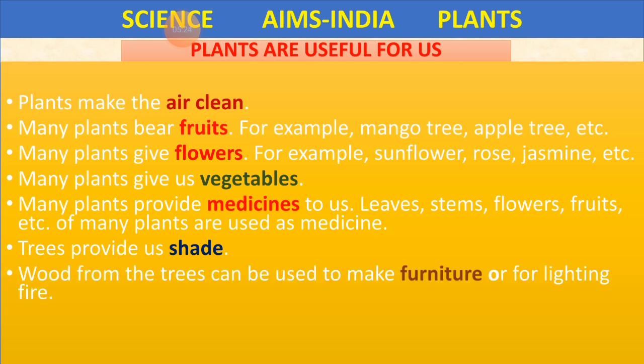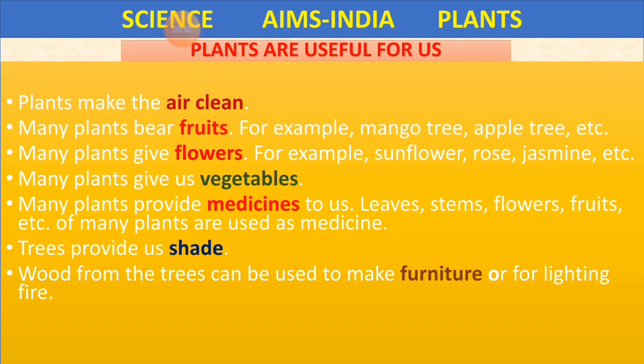Then wood from the trees can be used to make furniture or for lighting fire. Every house has got furniture like a sofa, cot, dining table, dressing table, whatever it may be. All that wood furniture is made from plants. Where do we get wood? From the plants, children.